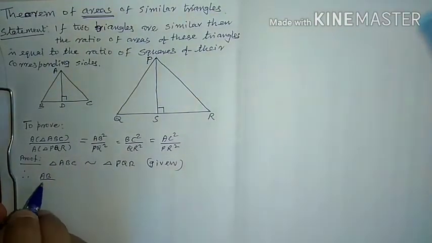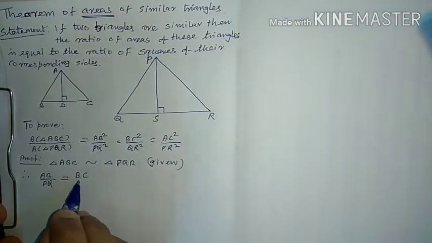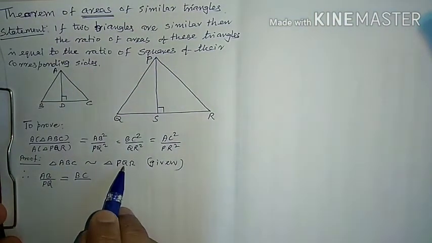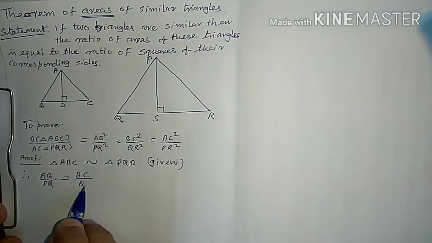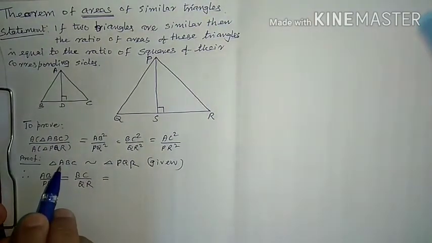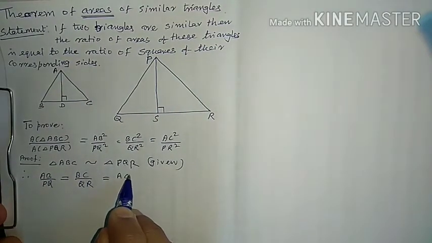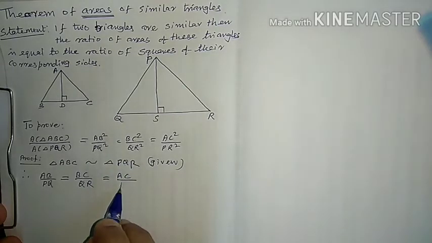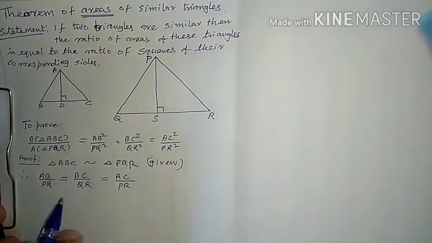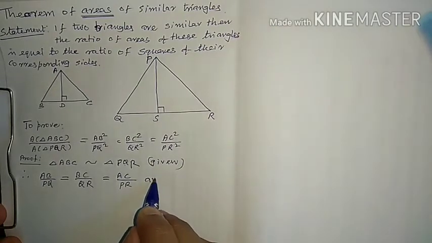AB upon PQ is equal to the second side BC upon its corresponding side QR. Also that is equal to the third side AC upon PR. Because the triangles are similar, corresponding sides are proportional.